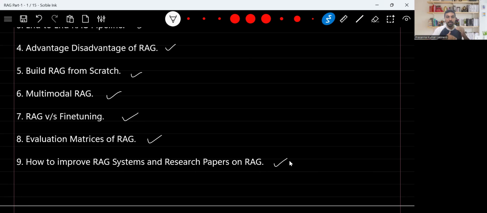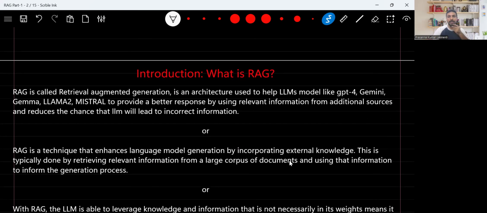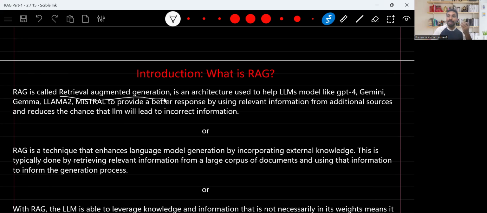Today in this session, I will explain what a RAG is. The full form of RAG is Retrieval Augmented Generation. It is an architecture used to help LLM models like GPT, Gemini, Gamma, Llama. There are so many LLM models.